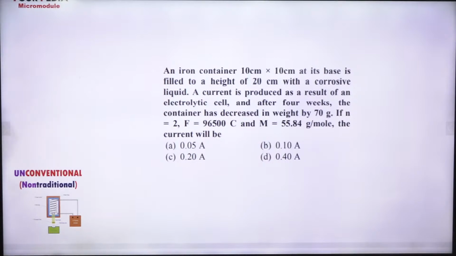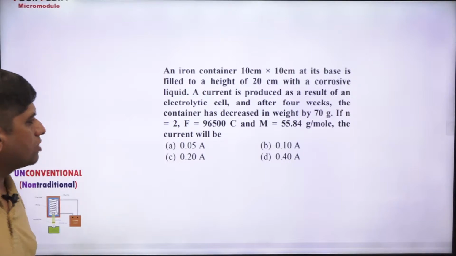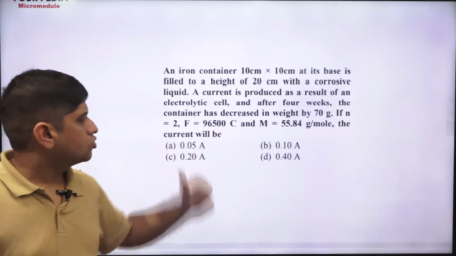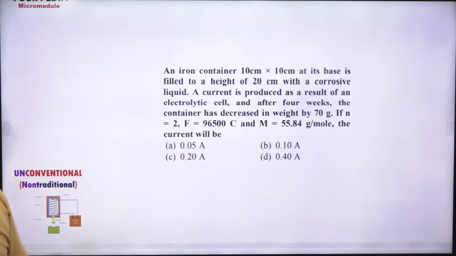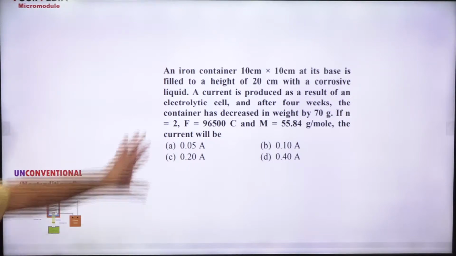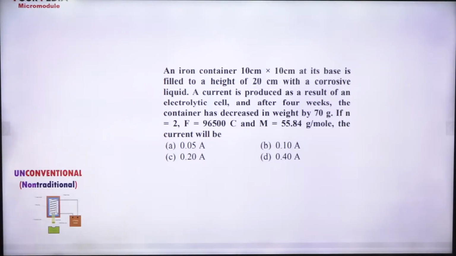This same question we did. Molecular mass is given, Faraday's constant is given, material removal rate is given, equivalent weight is also given, and current is to be calculated. I told you that a question in electrochemical machining can come from here.